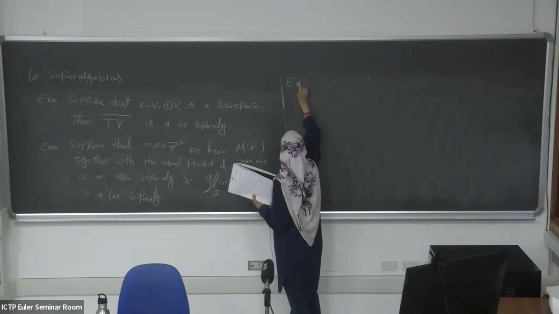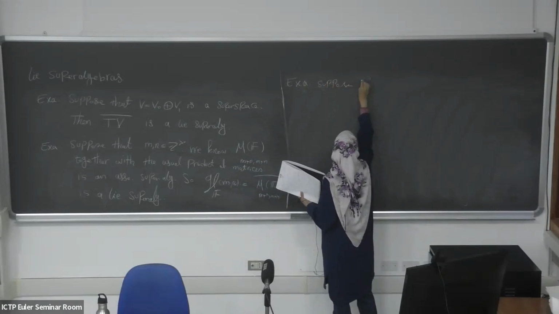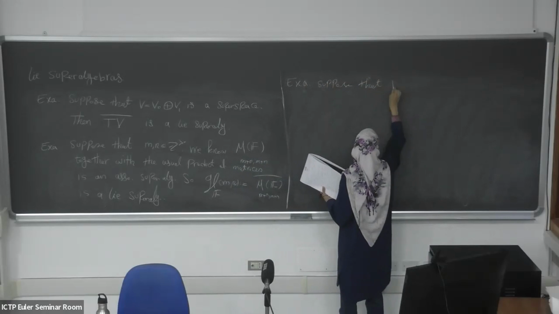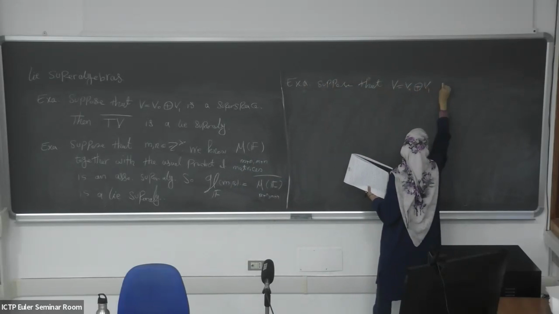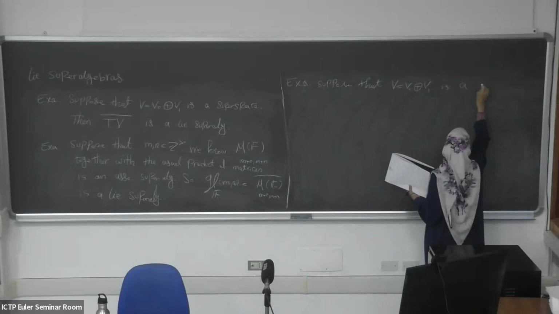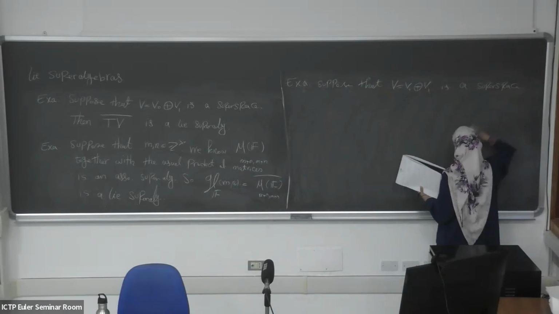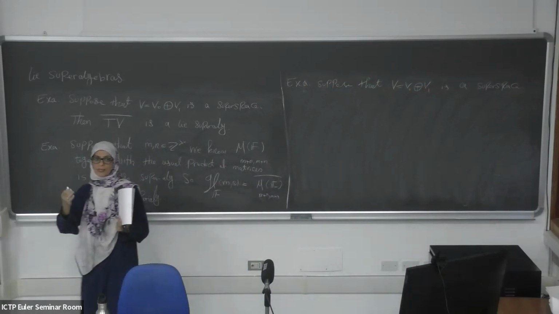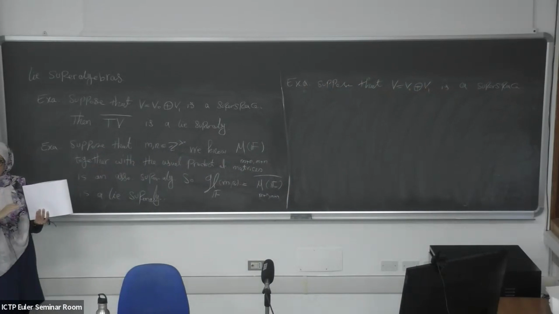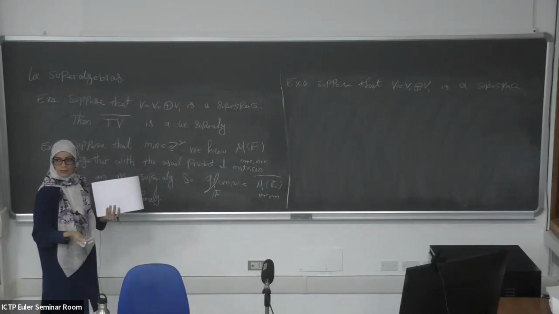Another example, suppose that E is a superspace. I told you that when we have two superspaces V and W, the set of all linear transformations from V to W is a superspace. So the endomorphism of V is also a superspace.